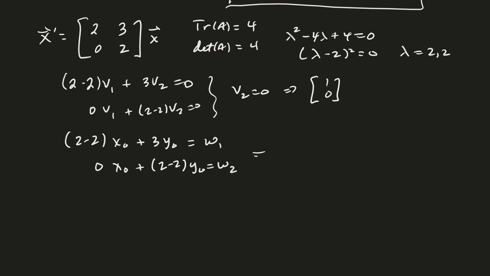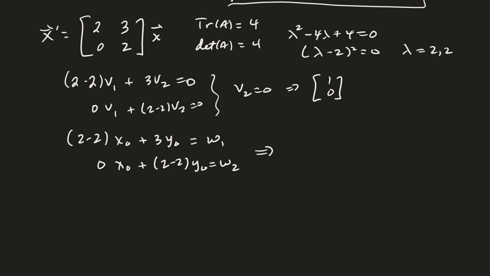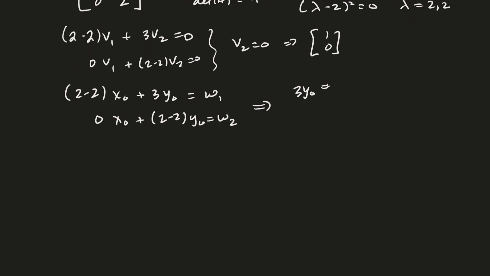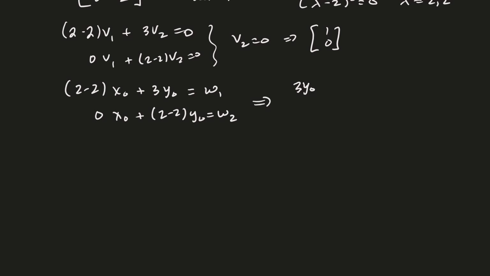And so what does that say? That says 3 y0 equals w1, and what's the second equation say? 0 equals w2. Good. Now, you can choose any w1 and w2 that satisfies this relationship. In this case, we'll just pick 3 y0 and 0.